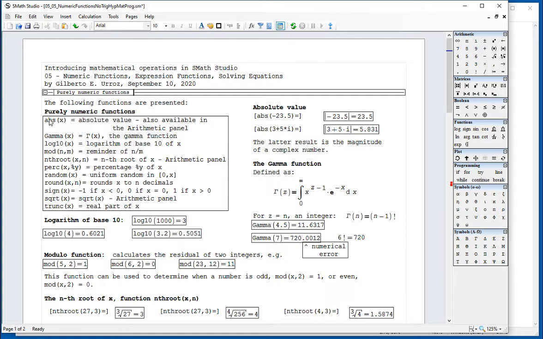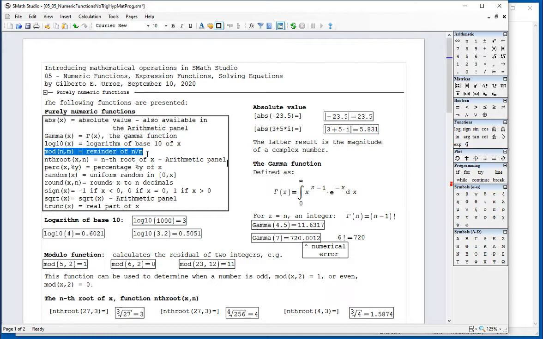And these include the absolute value, the gamma function, the log base 10, the mod function, which actually calculates the remainder of two integers n over m, the n root, which is equivalent to this one, the n root I was mentioning is available right here.